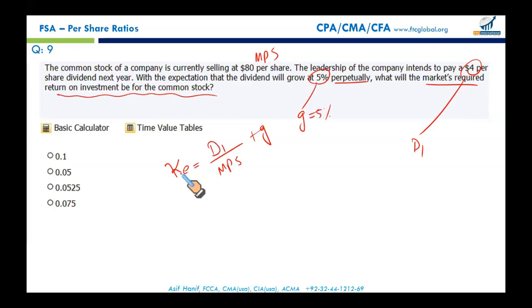KE is the return required by the investors, common stock investors, or the required rate of return or the cost of equity. D1 is the dividend to be paid in the next period, the expected dividend. MPS is the market price per share, and G is the growth in the dividends. This is called the dividend discount model or the Gordon growth model. You will discuss these inshallah with me in section B.